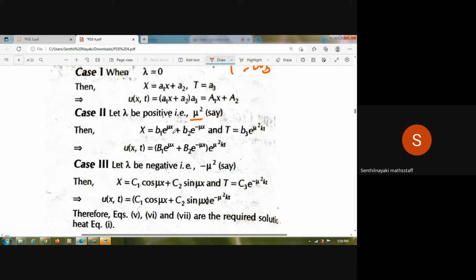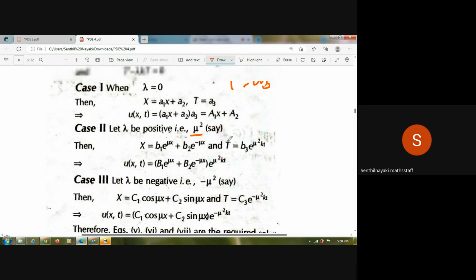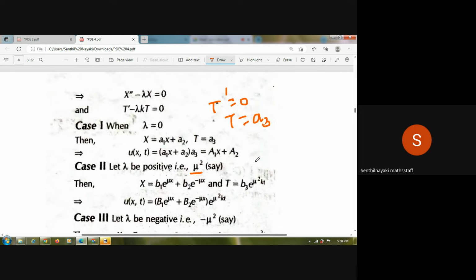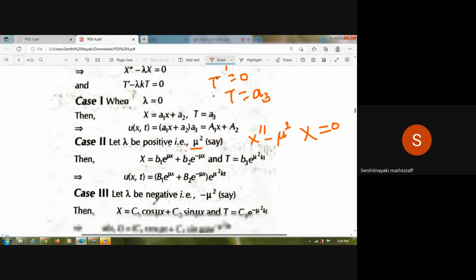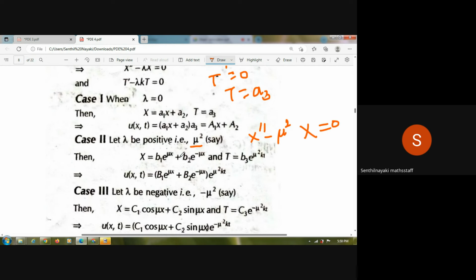So lambda is positive means we get x double dash, like in the wave equation, x double dash minus mu square into x equal to 0. Therefore, the roots are plus or minus mu, and the solution is x equal to b1 e power mu x plus b2 e power minus mu x.